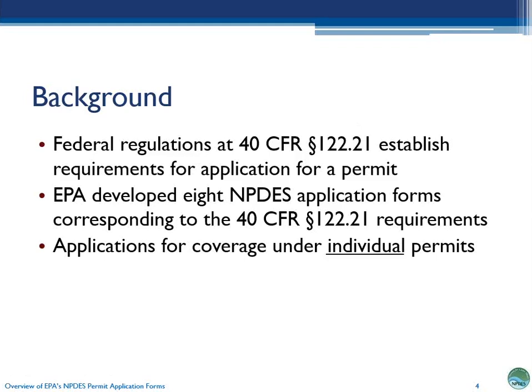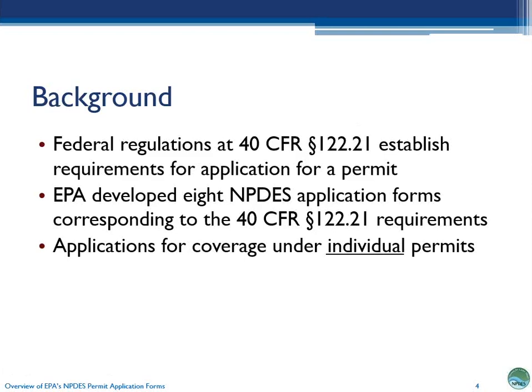We'll start today with a little background on EPA's regulations regarding NPDES permit applications. EPA's NPDES permit application requirements are found in Title 40 of the Code of Federal Regulations, or CFR for short, at Section 122.21. These regulations establish the specific information that must be provided by specific categories of applicants.